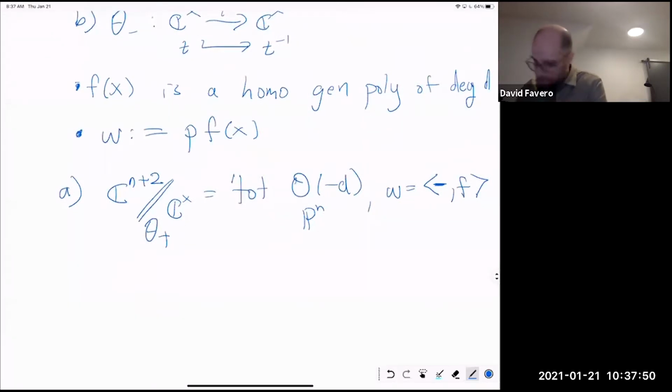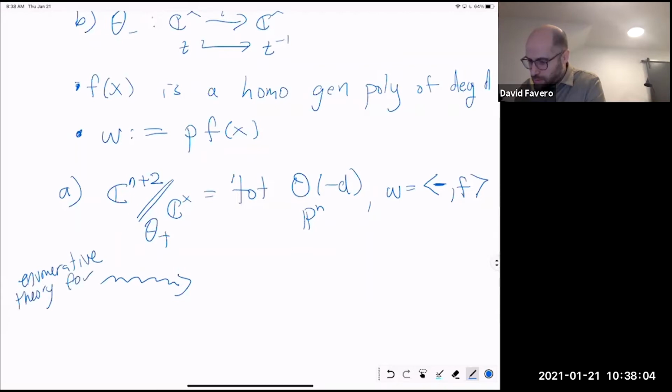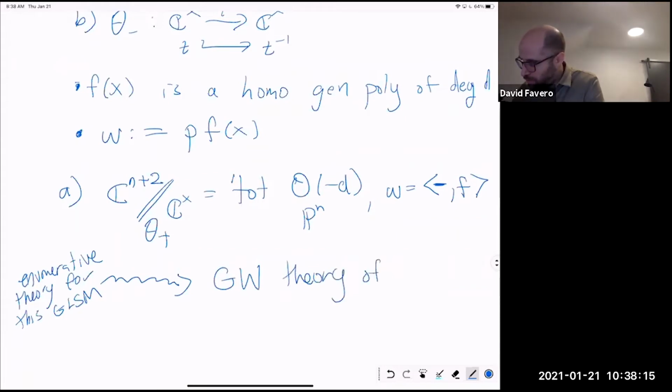Okay, and then I'll talk more about this, but the enumerative theory for this GLSM is going to correspond to Gromov-Witten theory of the hypersurface, this degree d hypersurface in P^n.